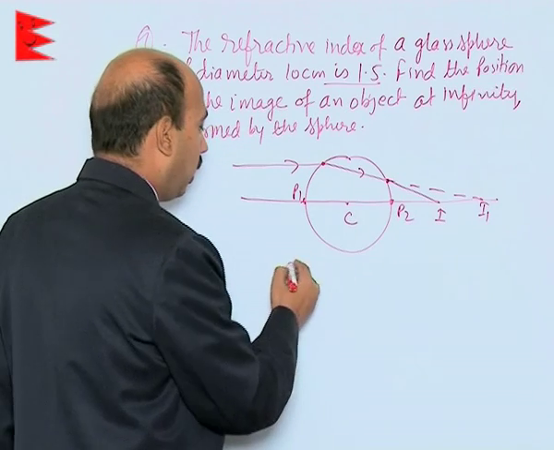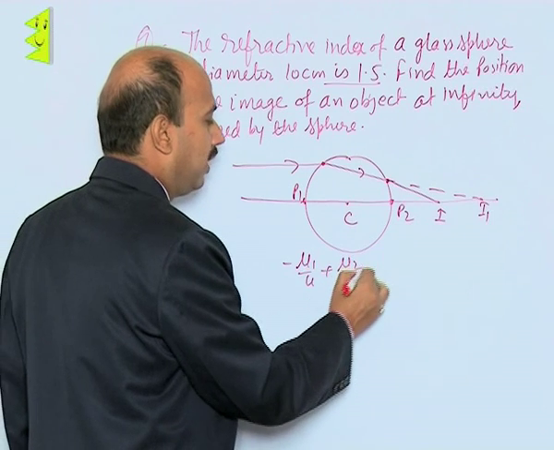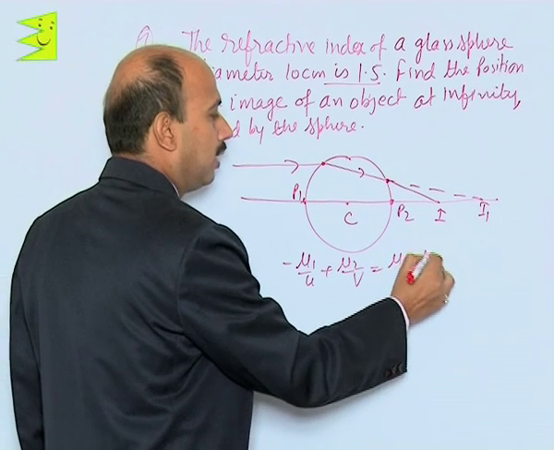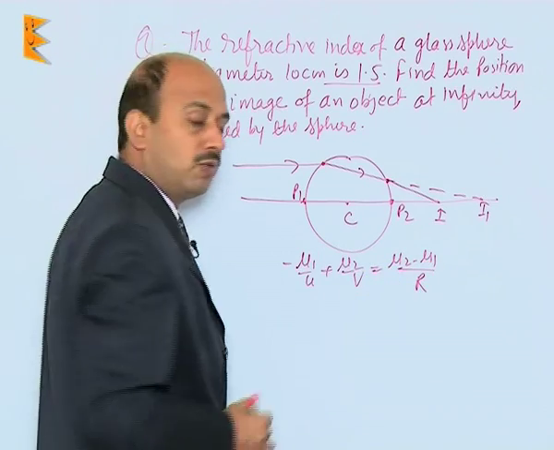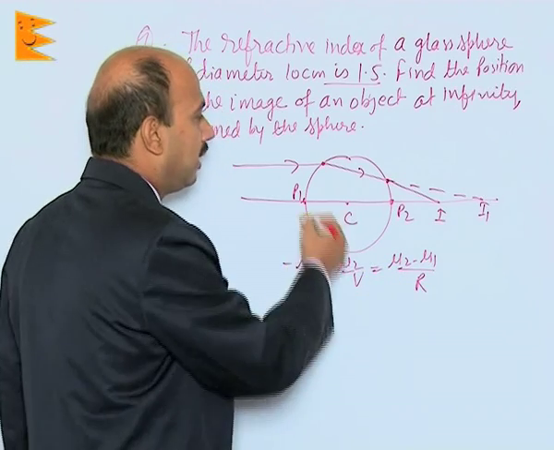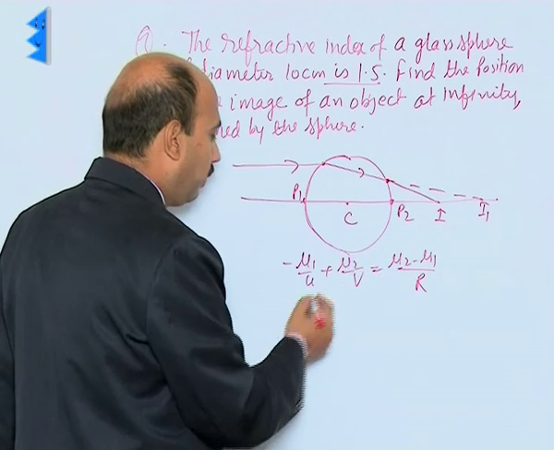So, we know the formula: minus mu1 upon u plus mu2 upon v is equal to mu2 minus mu1 upon R. This is for the rarer to denser medium, that means for the first surface. Mu1 is 1, we know it.